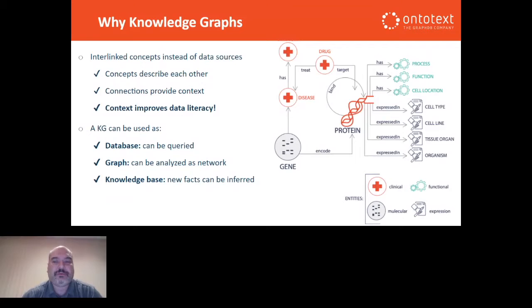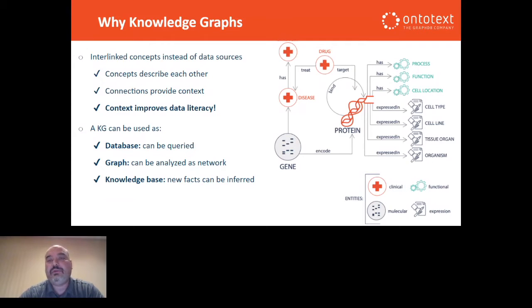Why knowledge graphs? For me as a biologist, this is the normal way we can store and represent knowledge and information. Luckily for our particular domain, we have a lot of reference data sets, ontologies, and terminologies that we can use in order to disambiguate each of those concepts and objects from the knowledge graph, which we can use in different contexts, defined by the connections between the different concepts.